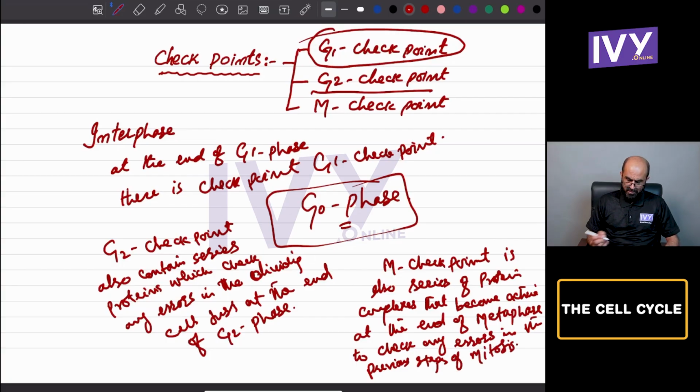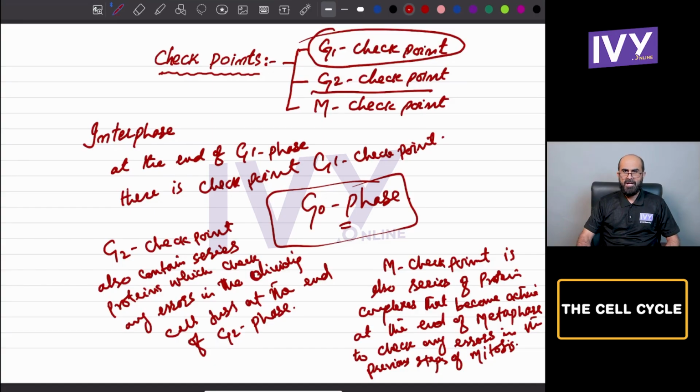The previous steps, what are the previous steps? It was prophase and metaphase. This is the last checkpoint. It means that at the end of anaphase and telophase, we don't have any other checkpoint. So if somebody asks you, which step of mitosis is irreversible?